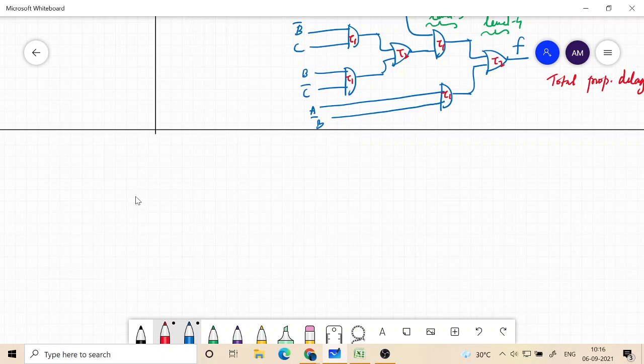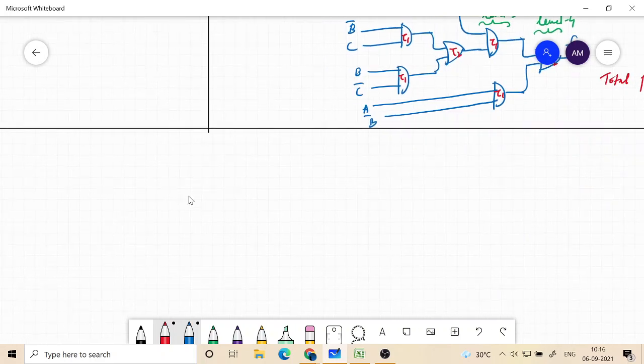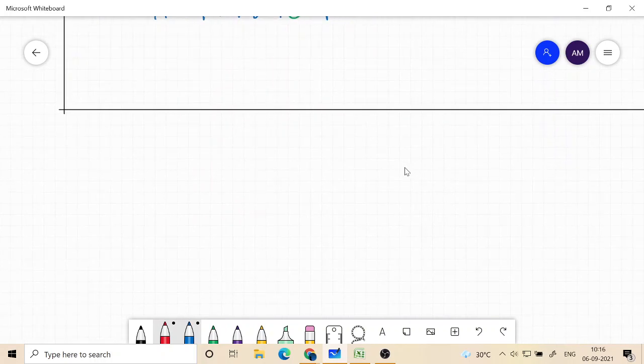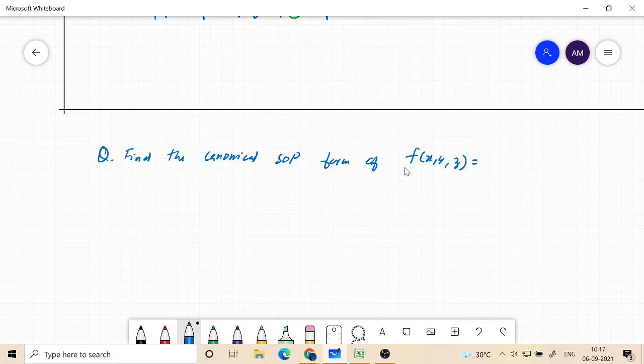Question: find the canonical SOP form of the Boolean function f of x, y, z equals x dot y plus x dash dot z.